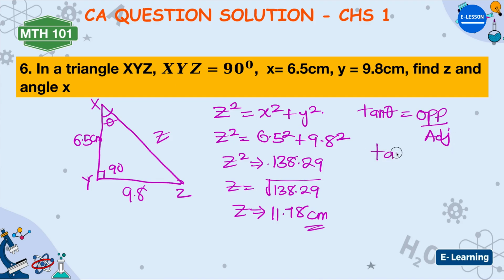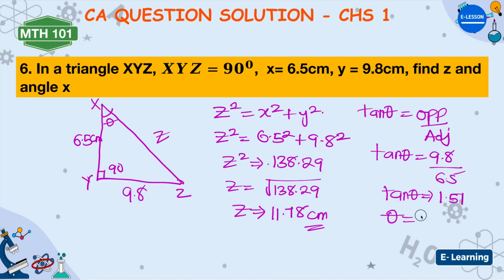adjacent. So tan theta will be opposite is 9.8, adjacent is 6.5. So my dear student, tan theta will be equal to 9.8 divided by 6.5. That gives us 1.51 approximately.